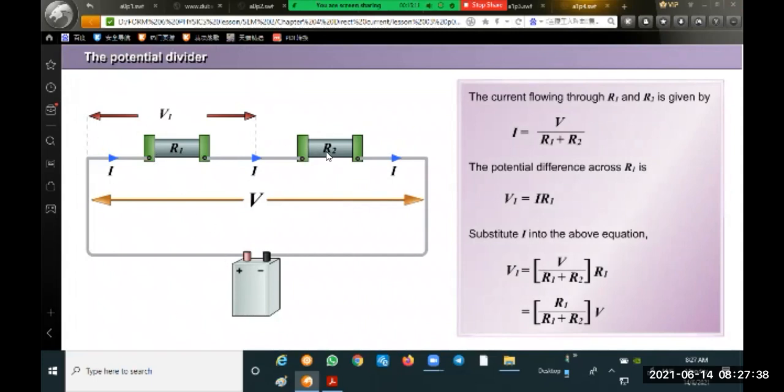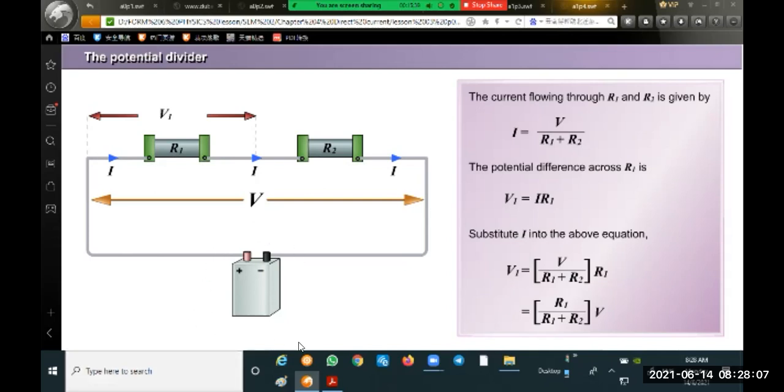First, in series connection, we know that the effective resistance is R1 plus R2. The current flowing through each resistor is equal, because the effective current is equal to the current through resistor 1 and also equal to the current through resistor 2.